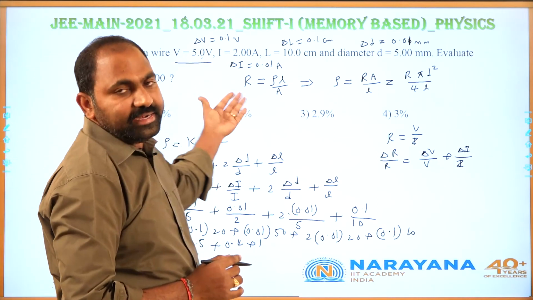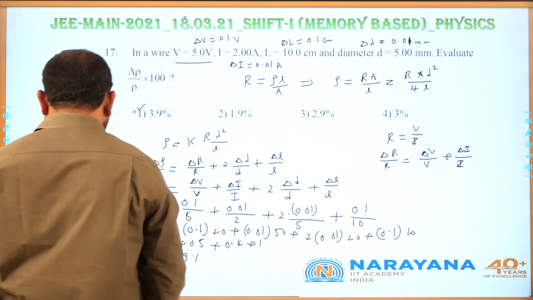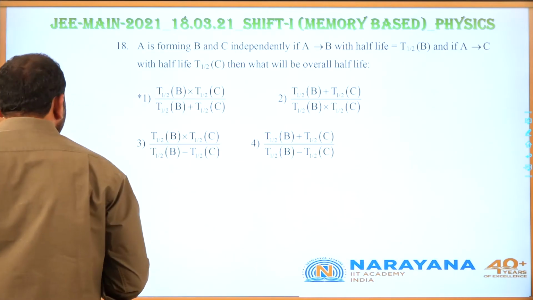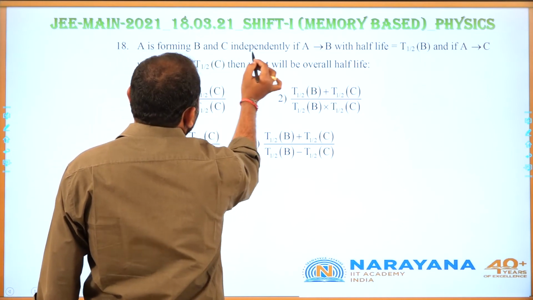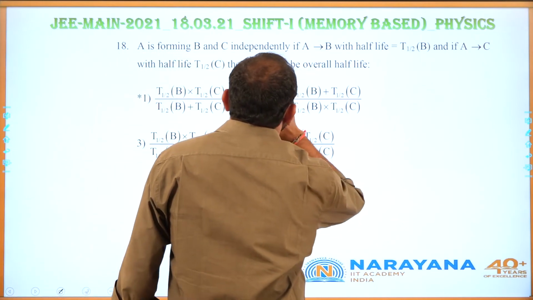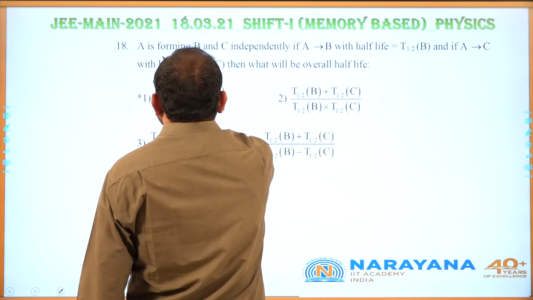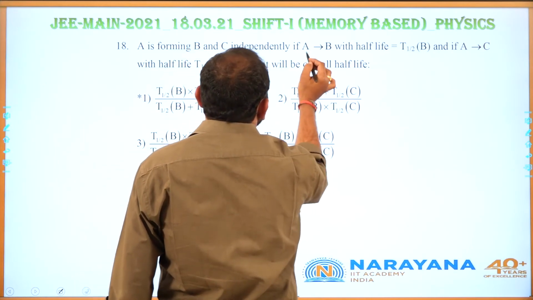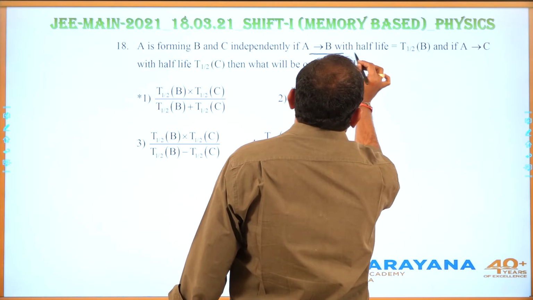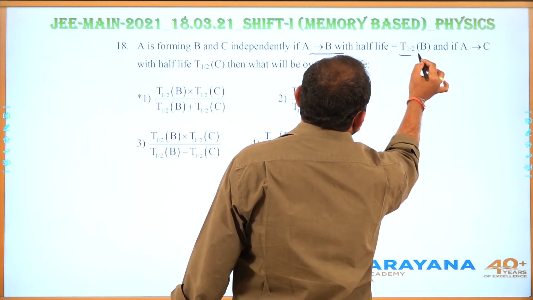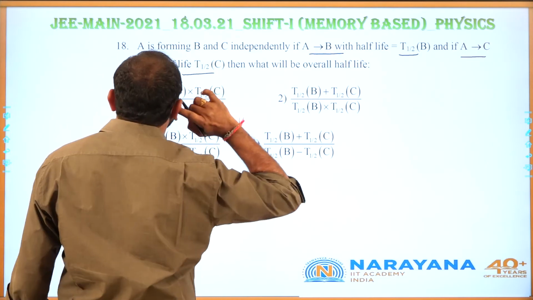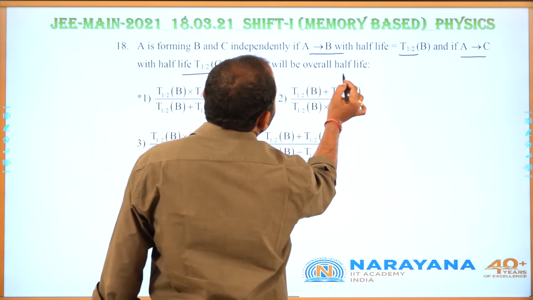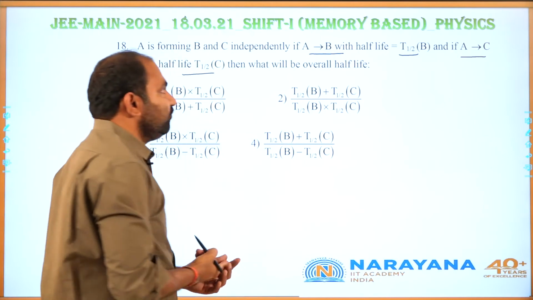Let us go to the 18th question. It is given A is forming B and C independently. If A to B has half-life T half B and A to C has half-life T half C, then what will be the overall half-life?